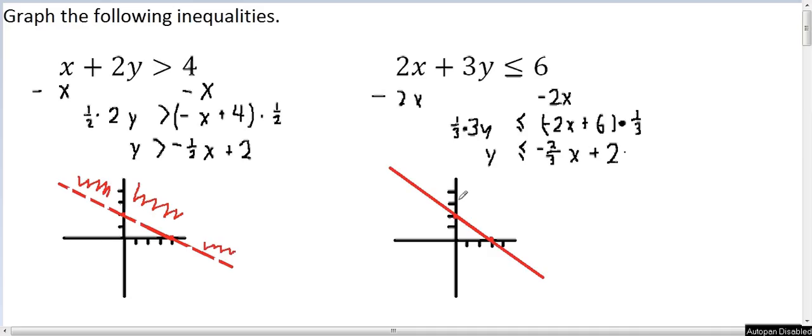We can keep this a solid line because this inequality has the equal sign as part of the sign here.